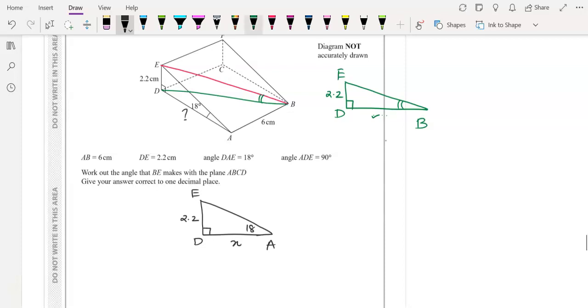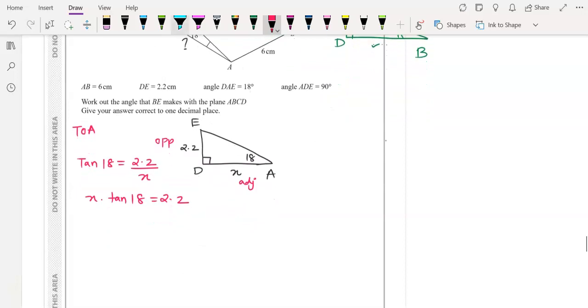For 18, 2.2 is the opposite side. For 18, x is the adjacent. So opposite and adjacent, we use the tan ratio. So tan of the angle is the opposite side 2.2 over the adjacent side x. Cross multiply, so x times tan 18 equals 2.2. To find x, divide both sides by tan 18.